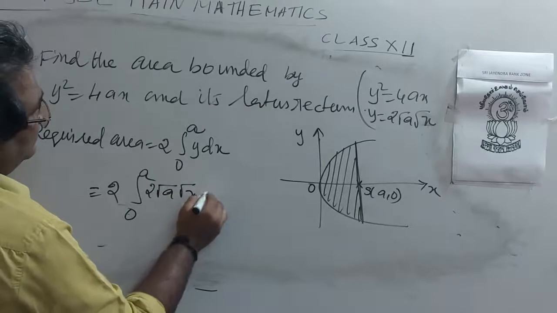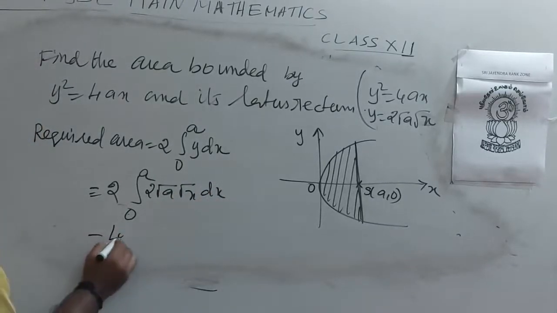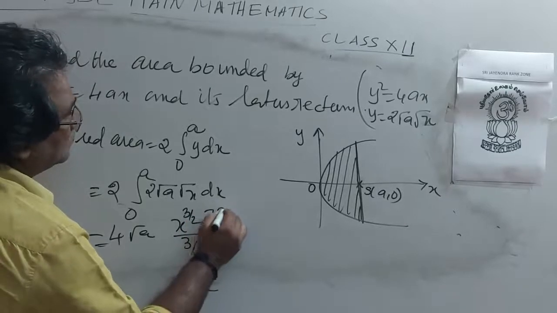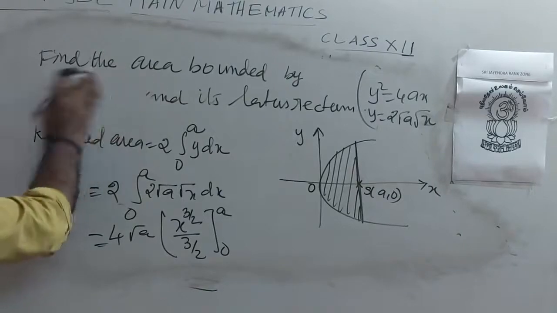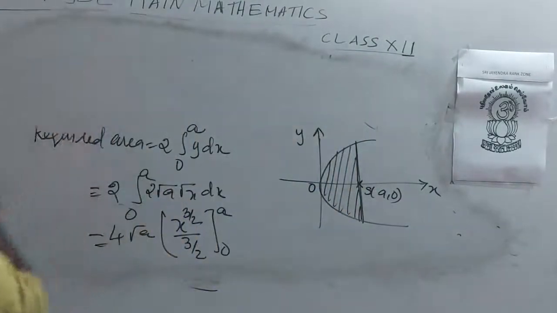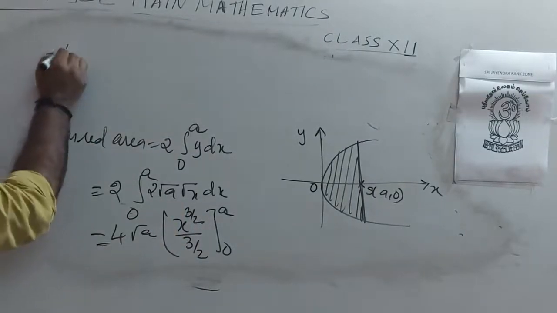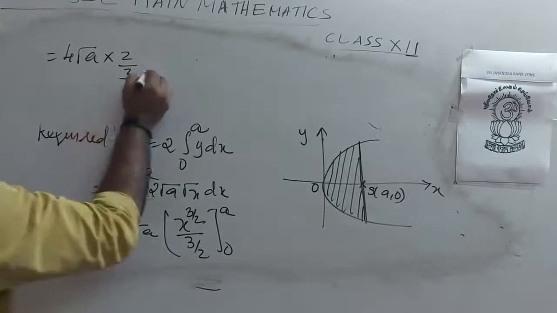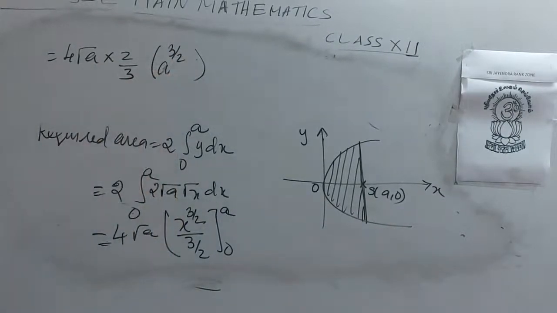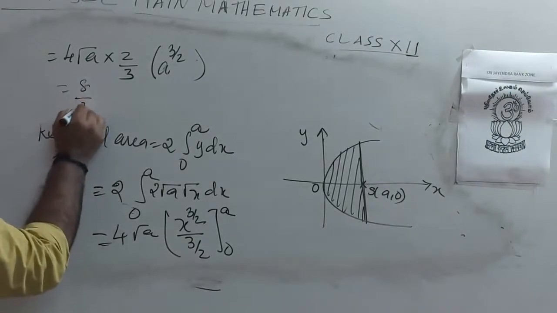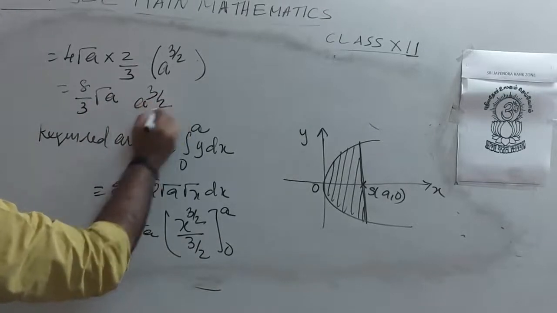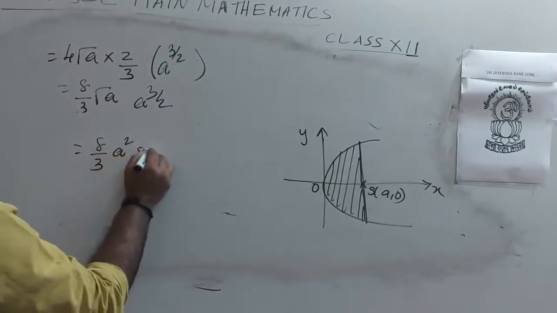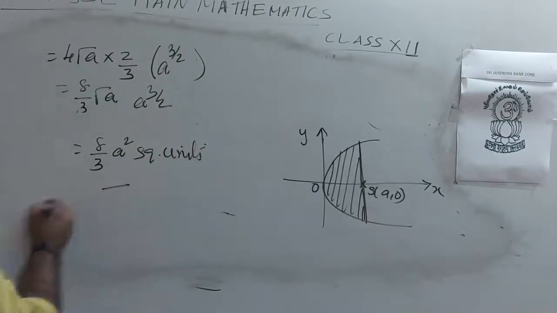So twice integral of 2 root a into root x dx, which is 4 root a into x power 3 by 2 divided by 3 by 2, equal to 4 root a into 2 by 3 a power 3 by 2, equal to 8 by 3 root a into a power 3 by 2, equal to 8 by 3 a squared square units.